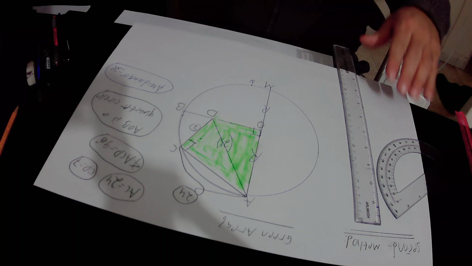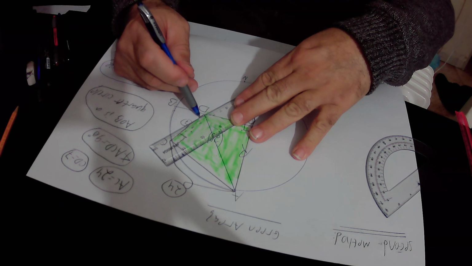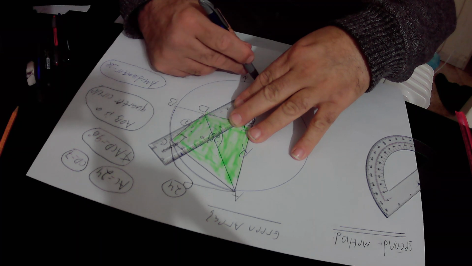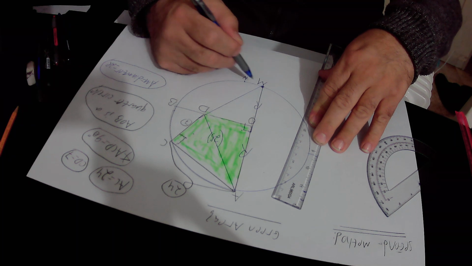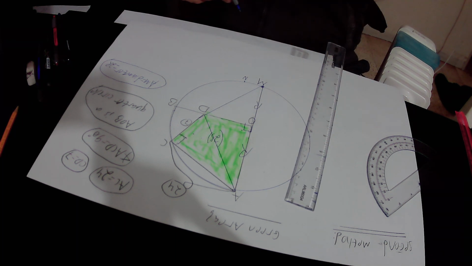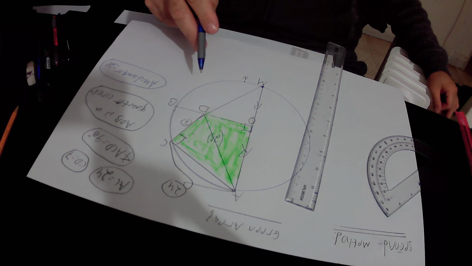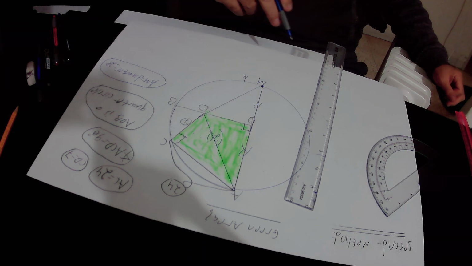So we extend the side CD and we touch the circle exactly at point M. Actually, CDM is one straight line because we extended the straight line CD by a straight line. Therefore, CDM is one straight line.